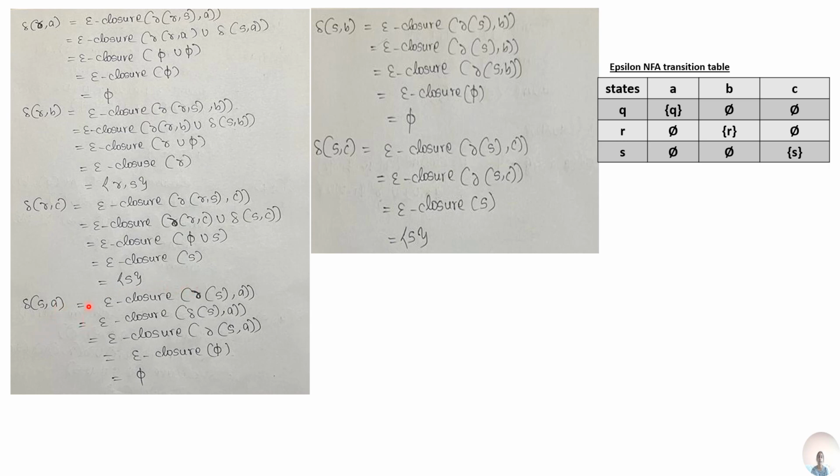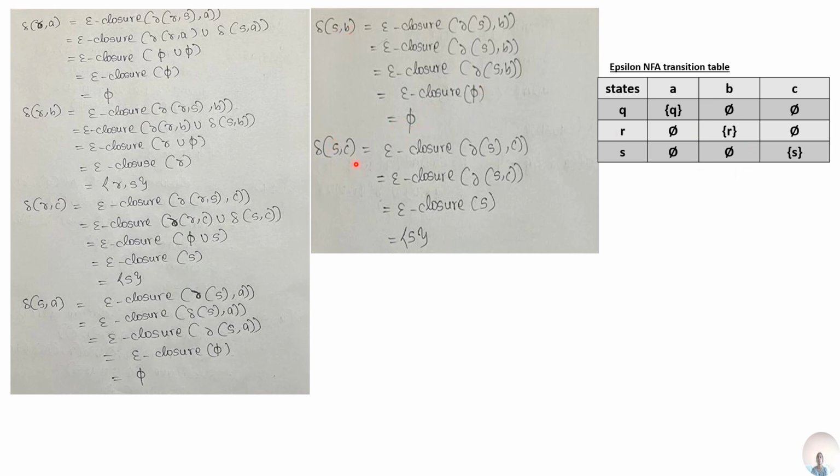Delta of S comma A equals epsilon closure of delta of S with input symbol A. Epsilon closure of delta of S on A is null, so delta of S comma A equals null. Delta of S comma B equals epsilon closure of delta of S with input symbol B, and S on B is null, so delta of S comma B is also null.